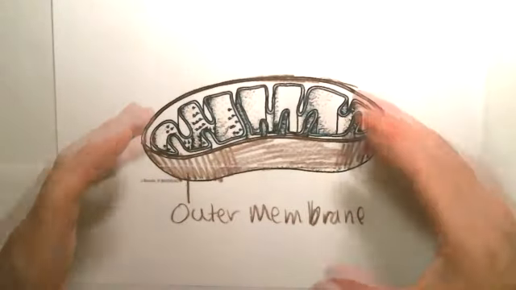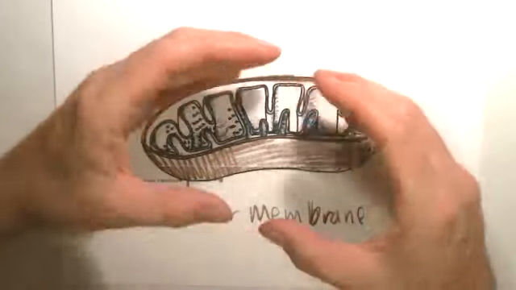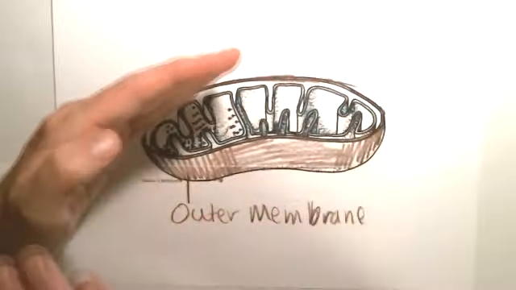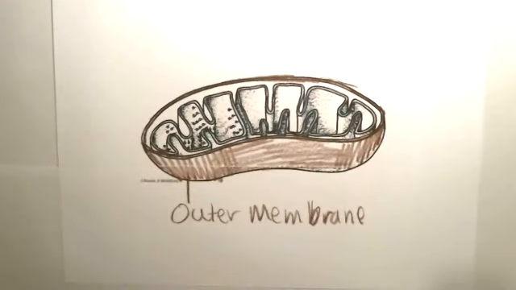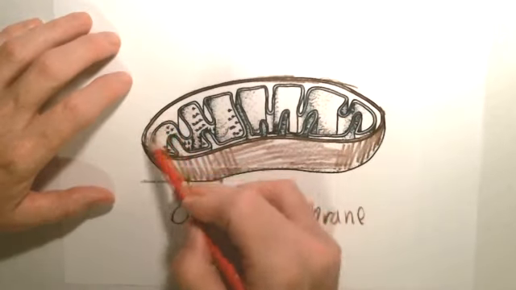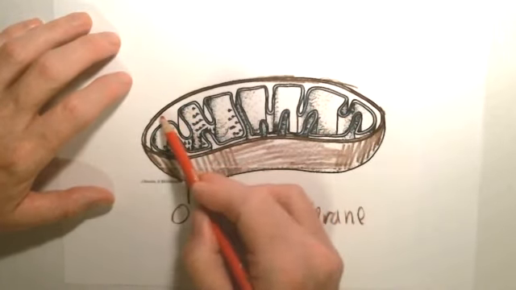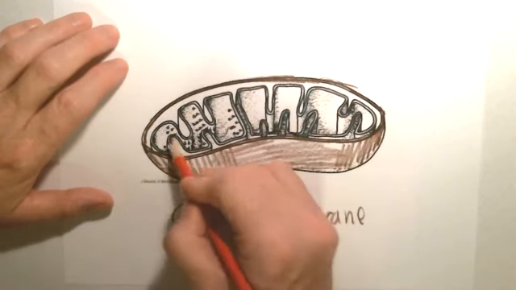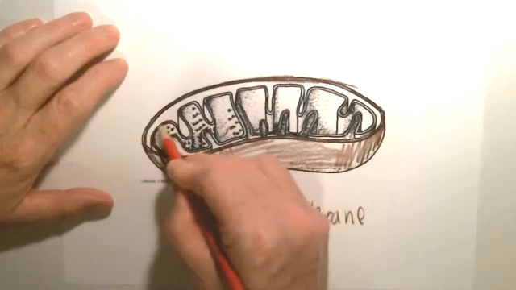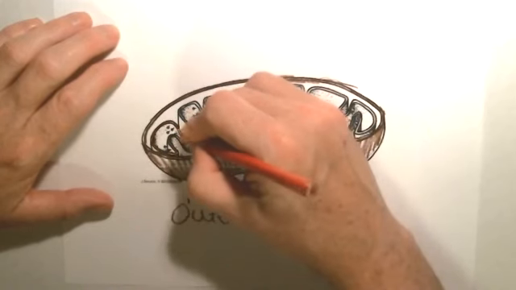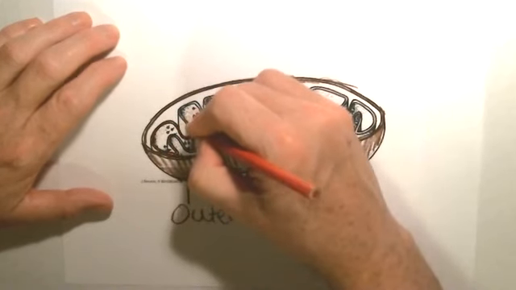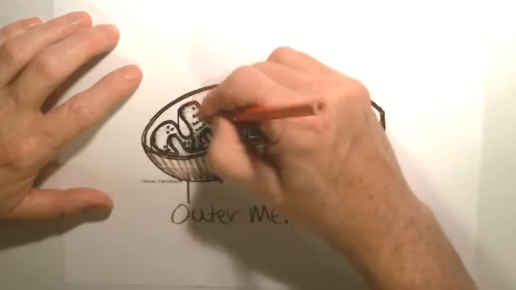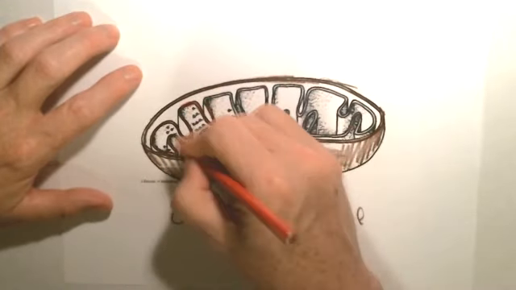Now, you're looking at this membrane as if you would be looking at, say, a bean that's been cut, and you're kind of looking at the angle, not directly on top. So this piece inside here, all of this would be on the inside part of that membrane. But this here, these two lines here, this is another membrane, and it's a membrane that's inside, and it's kind of folded up and creased all inside the mitochondria here.